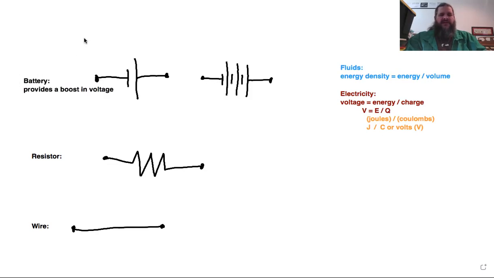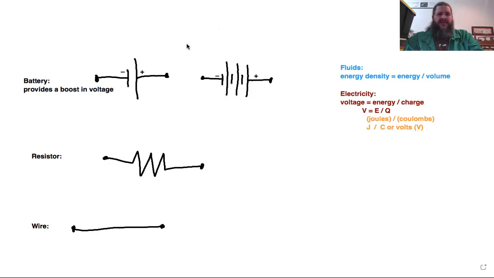And typically the battery is labeled with a positive side and a negative side. The positive side is generally the long bar and the negative side is generally the short bar. It'll often be labeled with a plus sign and a minus sign, but if it's not labeled, the shorter bar is meant to be the negative terminal and the longer bar is meant to be the positive terminal. So the negative terminal is going to be associated with a lower voltage. The positive terminal is going to be associated with a higher voltage.